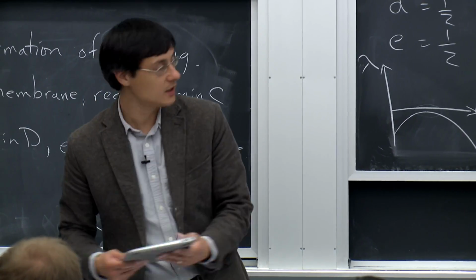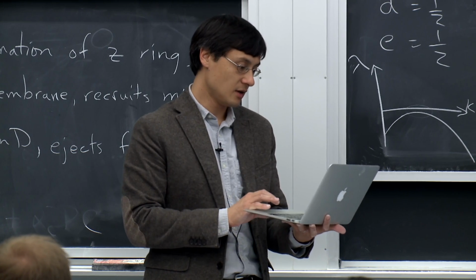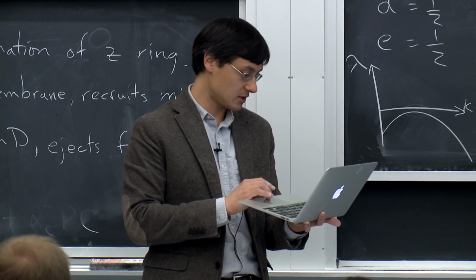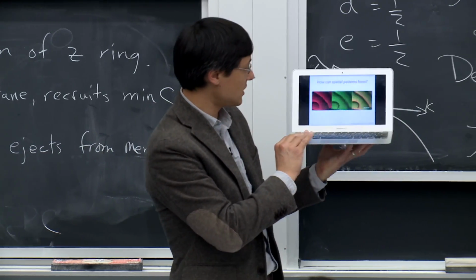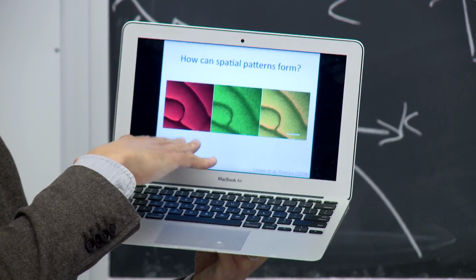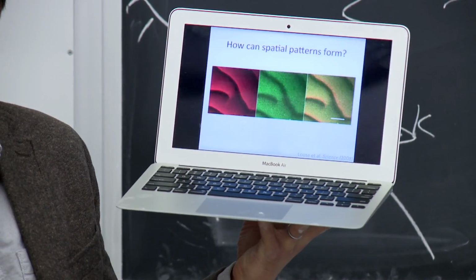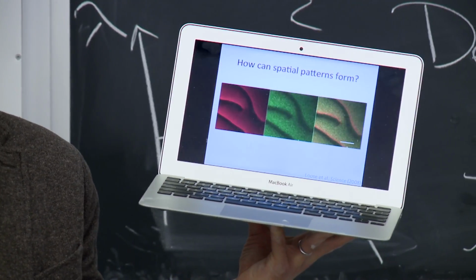I didn't want to use up the projector again, but maybe I can pull up this movie because it is kind of fabulous. It may be that you can't see these things very well, but this is MinD, MinE, and an overlay of the two, imaged on a two-dimensional membrane.